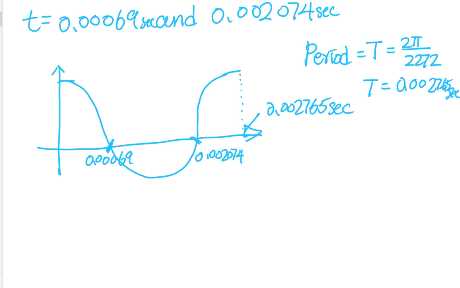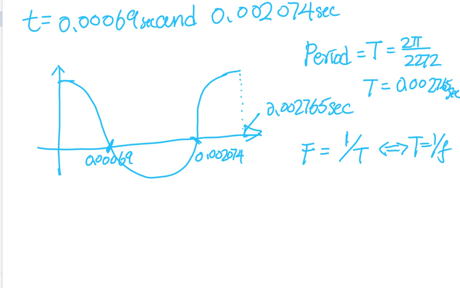Now, wouldn't it be easier if we just find the frequency? So how many periods in 1 second. The frequency is equal to 1 over T, which can be interchanged as T equal to 1 over f.